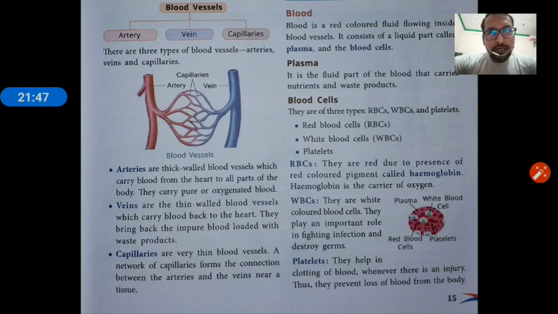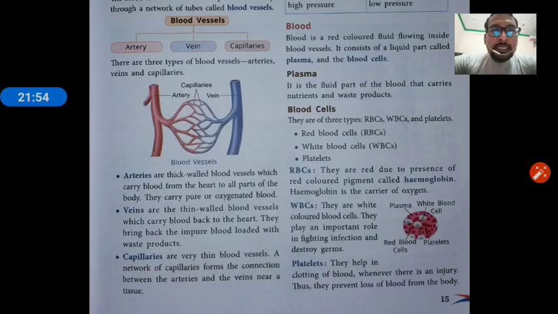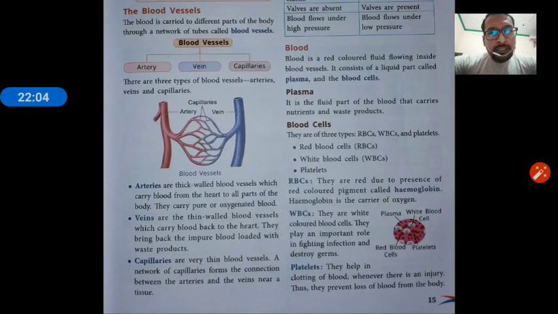This is the function of artery, number one. Number two, veins function is to bring back the impure blood, the carbon dioxide blood with waste products, back to the system to be purified.